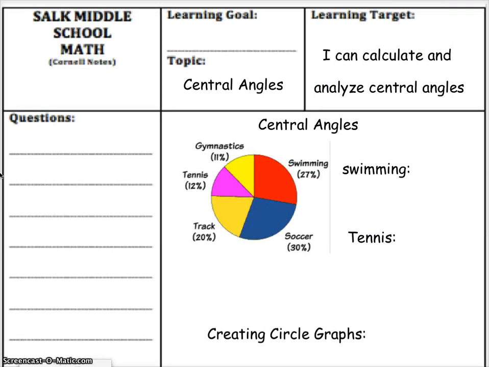Our last section for today deals with calculating central angles. Notice that everything is given as a percent. So my proportion is part of my angle is to all of my degrees as percent is to 100.